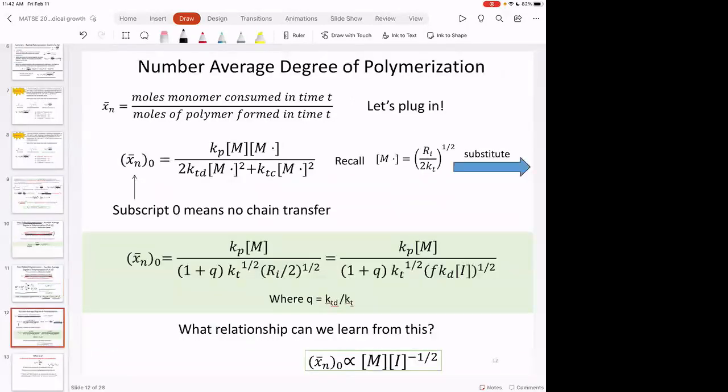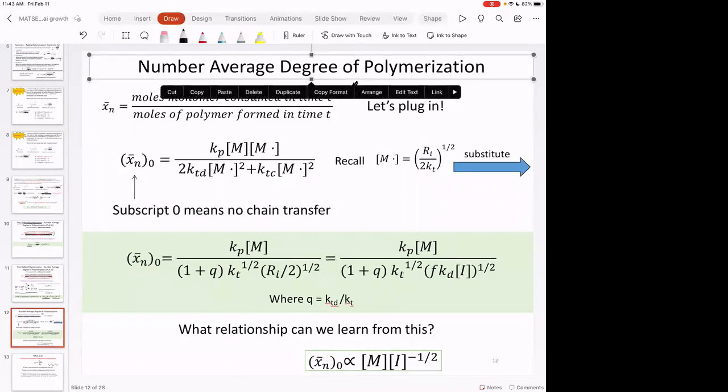And then we already know the other variables. And so we know the moles of monomer consumed in time T, because that's the rate of polymerization, right? That tells us how many monomers are transformed into polymer. Now we know how many moles of polymer are formed from the termination.